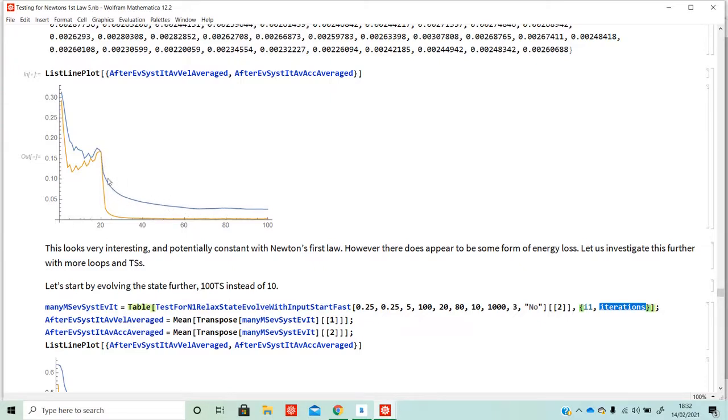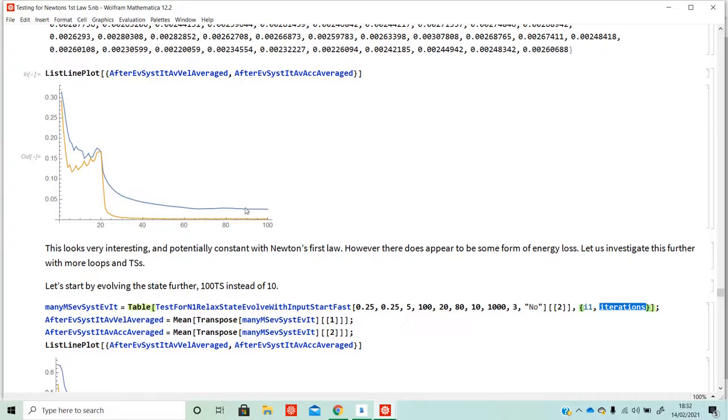Now, look, the acceleration drops down to almost 0, which is good. That's what we want. That looks like it's beginning to behave similar to Newton's first law. And also the velocity, naturally, if the acceleration is going to 0, the velocity goes to being a constant value. So that looks nice as well.